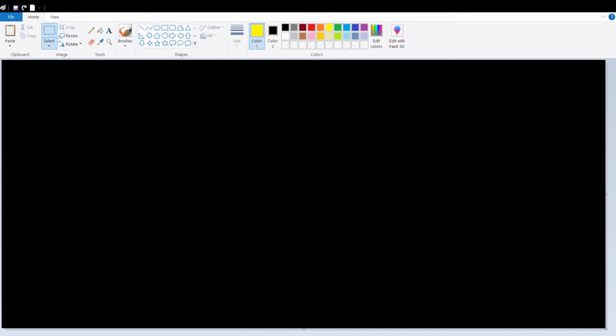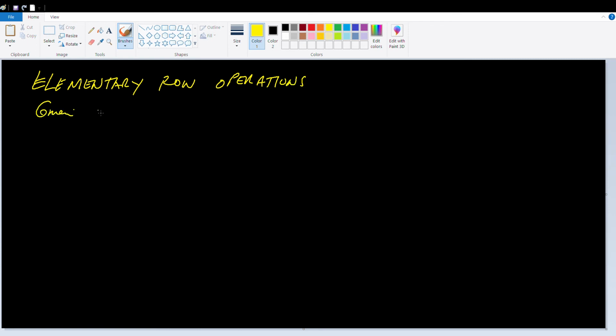Now we go to the different elementary row operations. Now these are operations that will manipulate a given matrix. So elementary row operations. We're given matrix A equal to Aij.